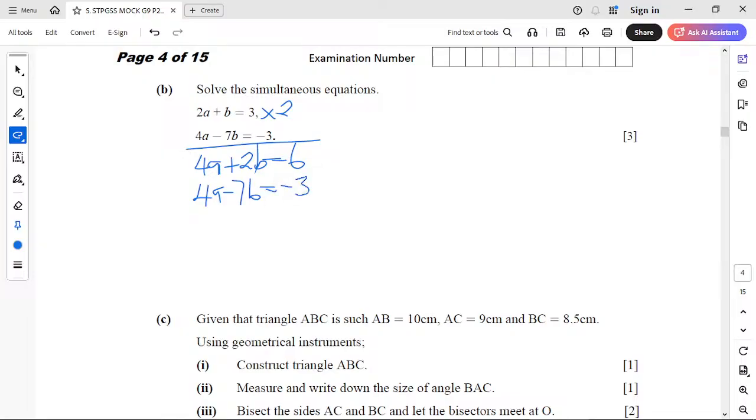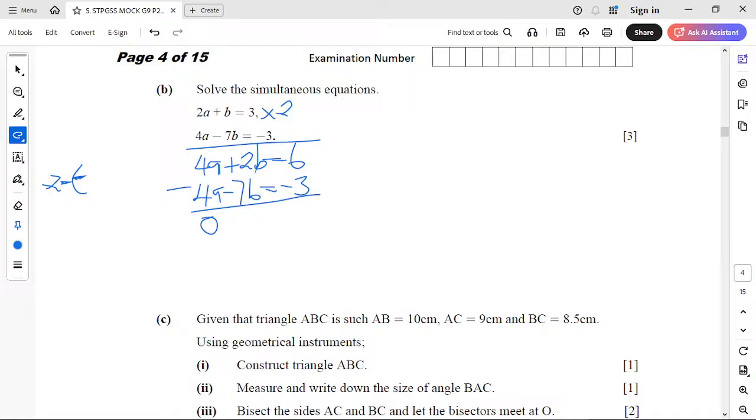which is 4a minus 7b equal to negative 3. Now to get rid of 4a, since both are positive, I'm going to subtract. 4a minus 4a will give us 0. I can either write 0 or just leave it. Then I have 2b minus negative 7b.